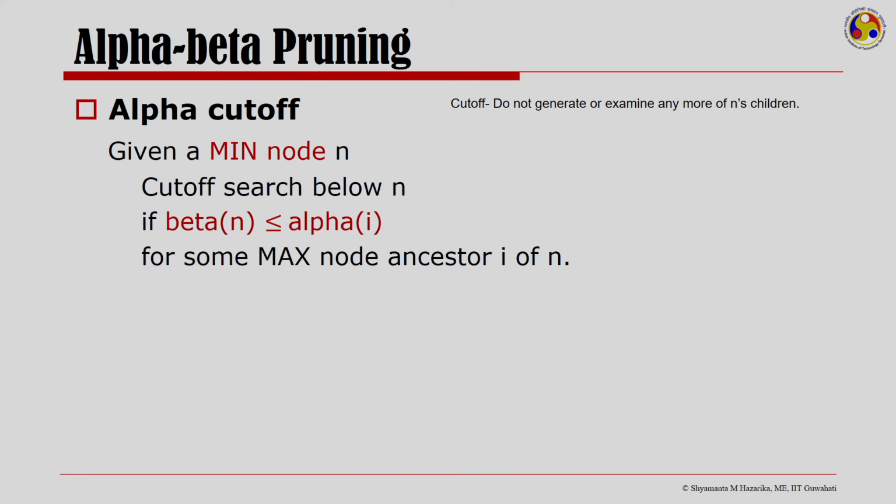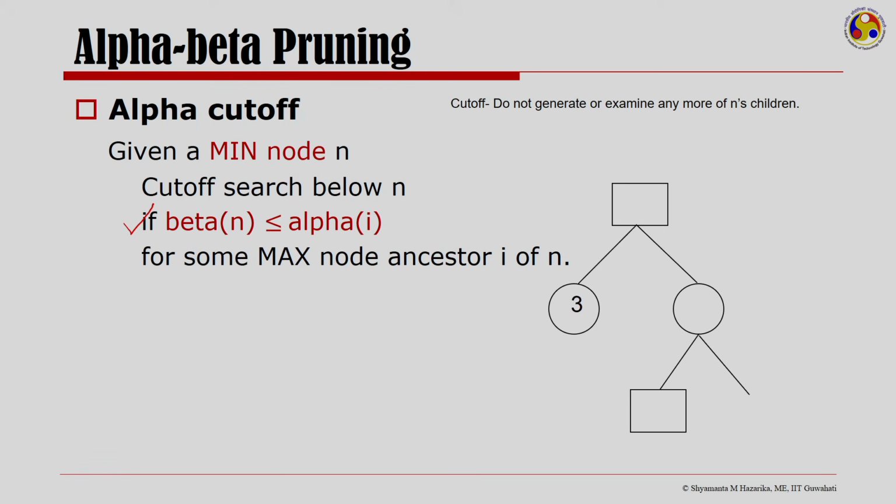Next, we will look at what we mean by an alpha cutoff. Given a min node n, we would love to cut off search below n when the beta of n is less than or equal to alpha of i. Let us take a small portion of a game tree to understand this, and let us mark the leaf nodes 3 and 2.